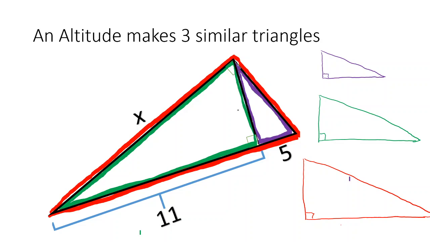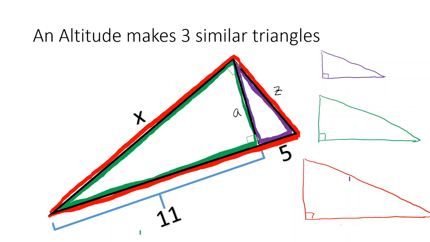So we've got the altitude, or A. I'll call it A this time; last time I called it H. And this side over here, we called it Y last time. Let's call it Z this time.